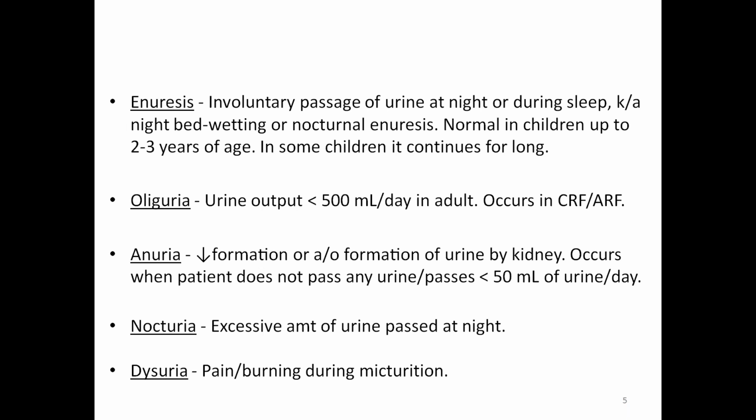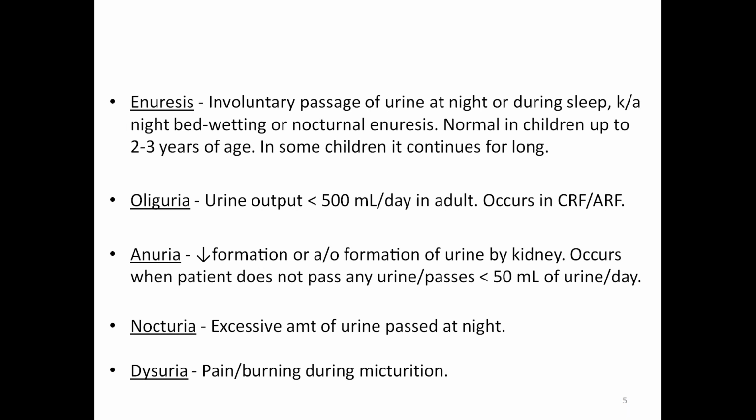Then the other terms that I told you often get confused are polyuria, oliguria and anuria. Oliguria is urine output of less than 500 ml per day in adults, and it occurs in chronic renal failure and also in acute renal failure. What is anuria? That is decreased formation or absence of formation of urine by the kidney. This occurs when the patient doesn't pass any urine or passes less than 50 ml of urine per day.